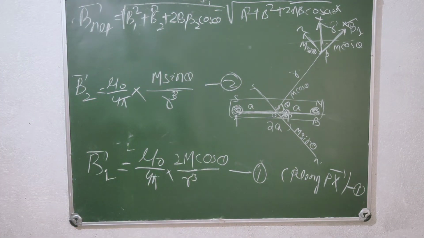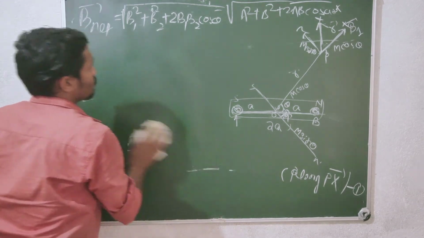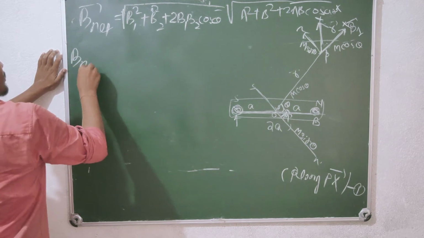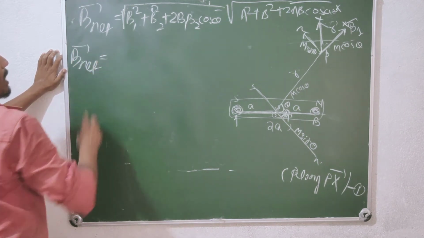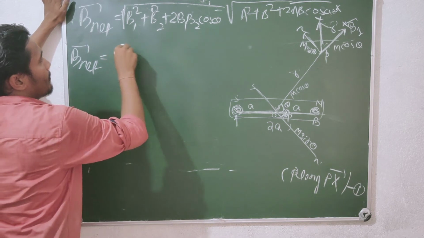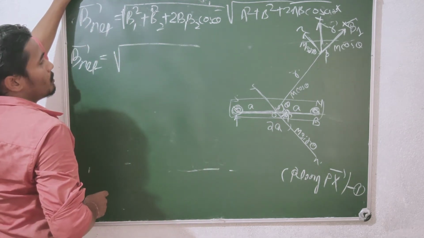Now I will remove these 2 points from the green board. You have to write down these 2 points. Next point, that will be b net. Then the b net vector will be b1 square plus b2 square plus 2 b1 b2 cos theta.